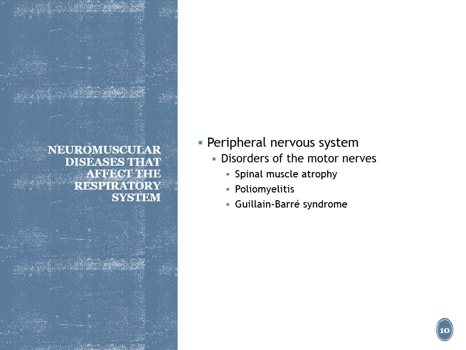All types are caused by defects at the same site on chromosome 5, and they overlap in clinical features. SMA type 1, also known as Werdnig-Hoffmann disease, is an acute infantile form which usually presents within the first 6 months of life.